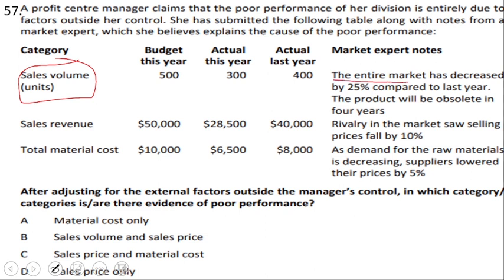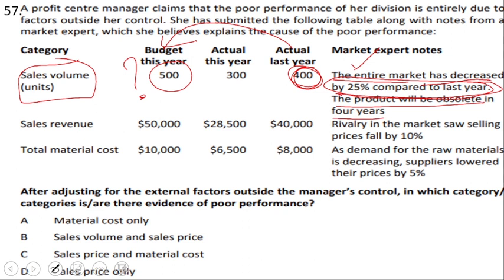The entire market has decreased by 25% compared to last year. What was the last year sales? 400 units. So if the entire market has reduced by 25%, then the budget for next year, should it be 500 units? No, right? It should show a reduction of 25% and the product will be obsolete in 4 years.